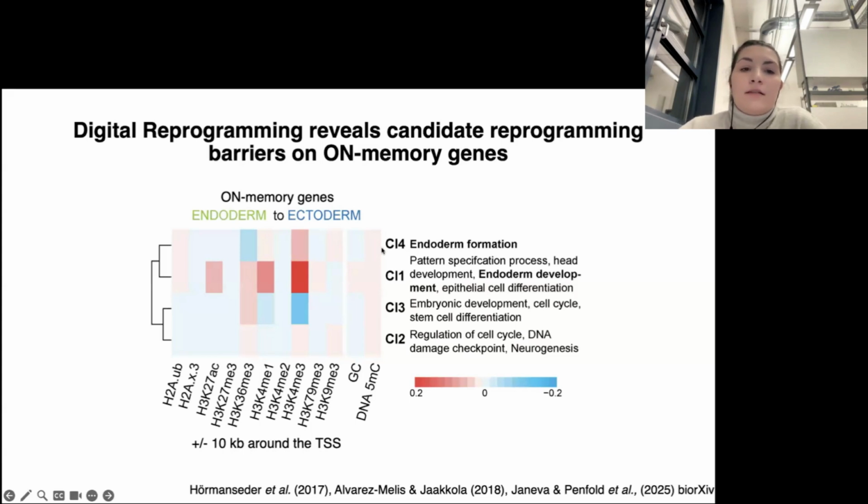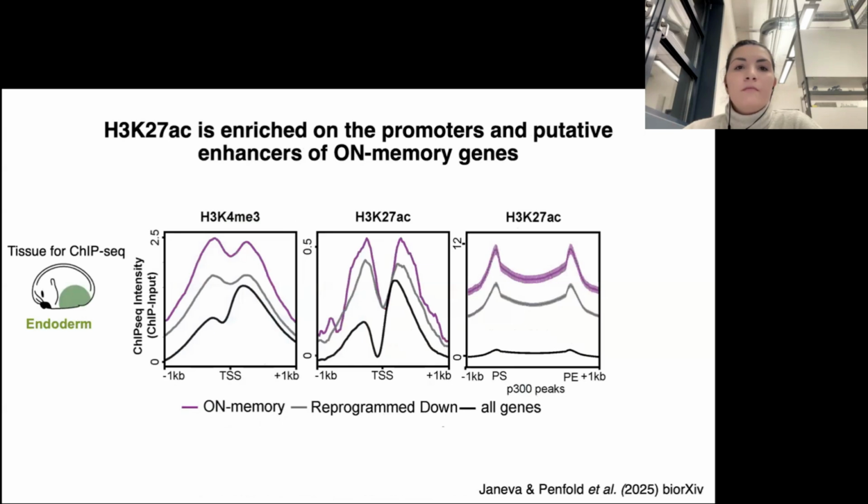And then the next mark that popped up was K27 acetylation, for which we saw enrichment in cluster 1, among others. But when we performed such comparison also to correctly reprogrammed genes, indeed K27 acetyl showed the biggest difference. So that's how we chose this target to follow up on.